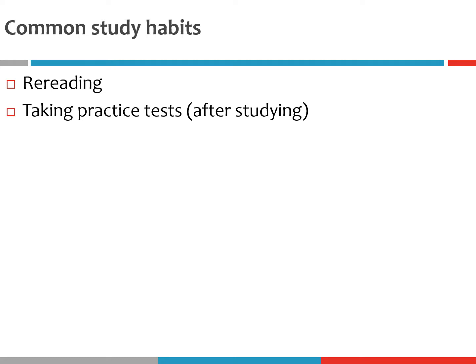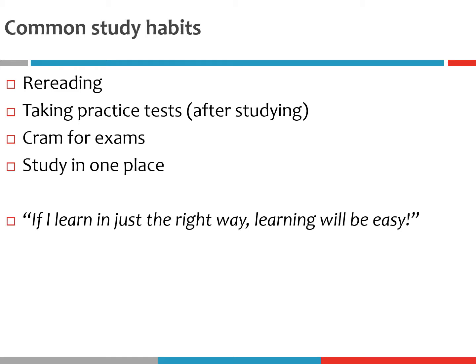A lot of them said they like to take practice tests, but only after studying and only those that were provided for them. And a lot of them said that they like to cram for exams, and they like to study in one place. And 80% of our sample said that this statement, which was true, is: if I learn in just the right way, learning will be easy, right?